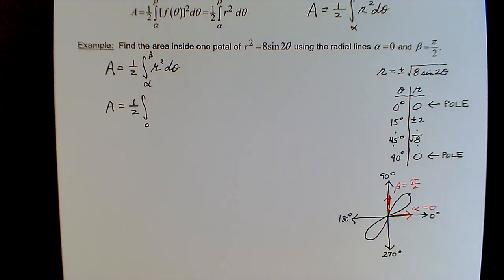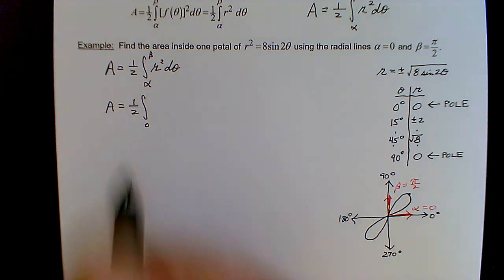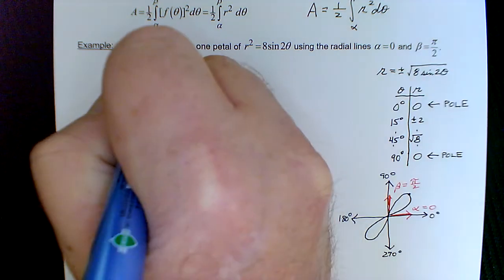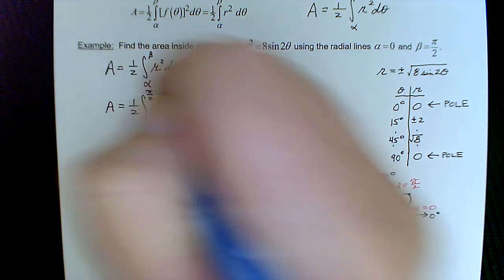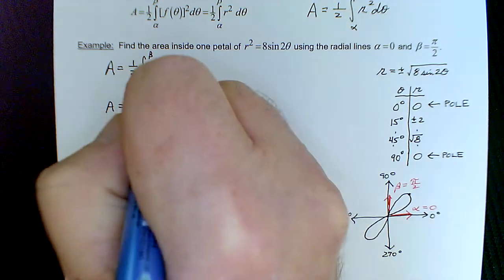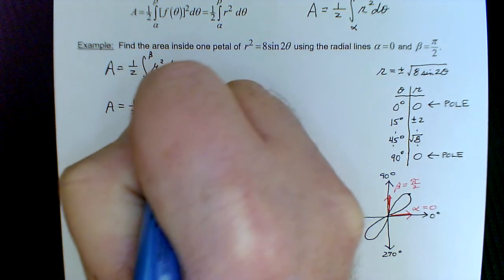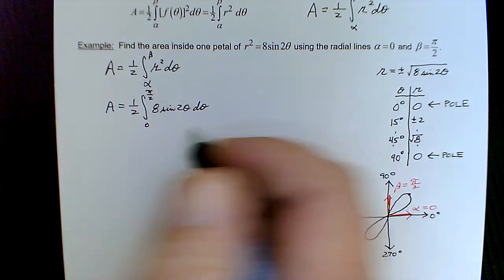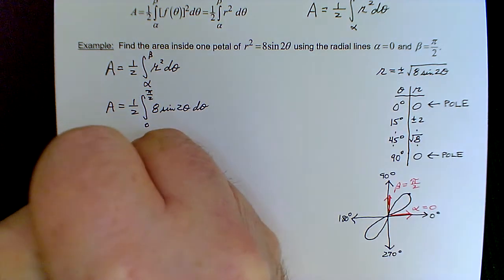Okay, so all we need to do is plug things in. We got 1/2 integral, 0 is alpha, beta pi over 2, and the r squared is 8 sine 2 theta, and that's with respect to theta. So then it's just a matter of evaluating this integral.